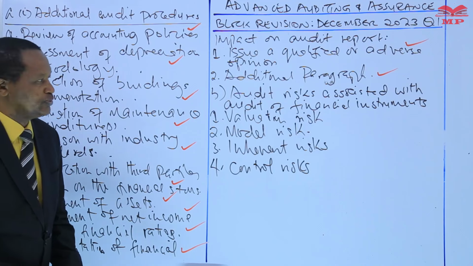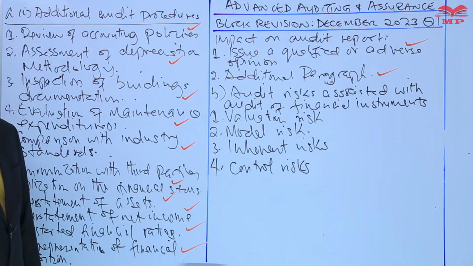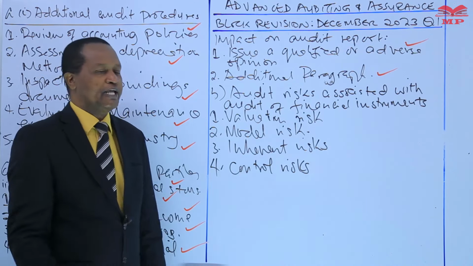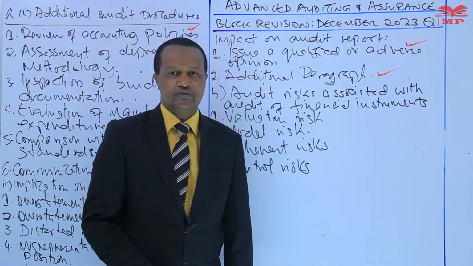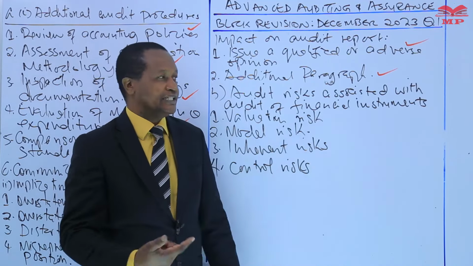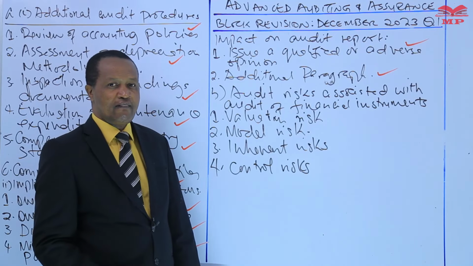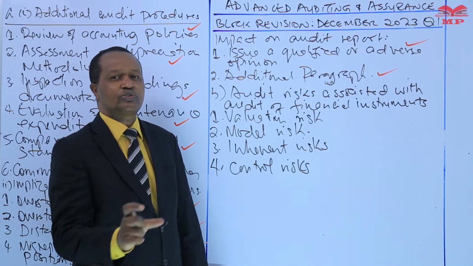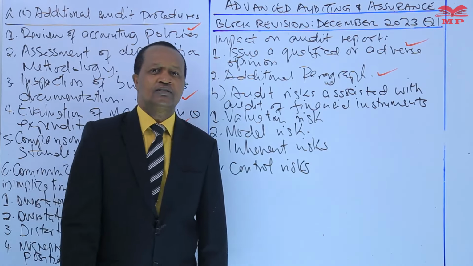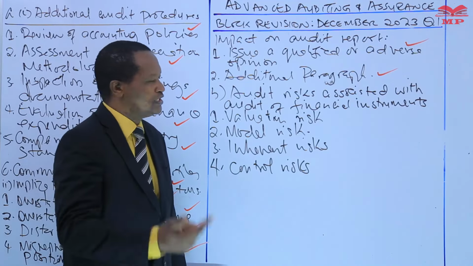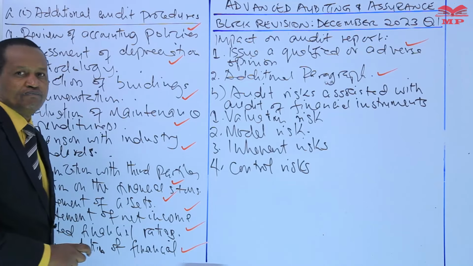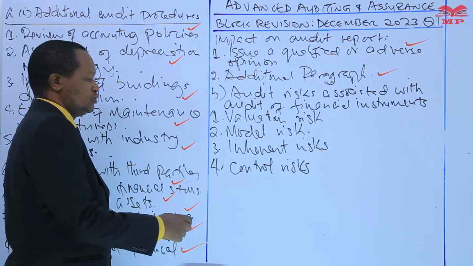The internal controls surrounding financial instruments may be weak or ineffective, and that could allow errors or fraud to go undetected. So auditors need to assess the design and also the operating effectiveness of controls related to financial instruments, transactions around them, and valuation.